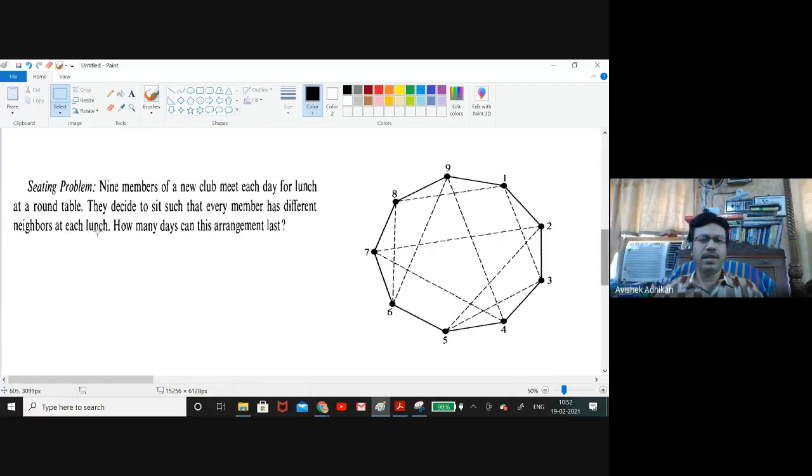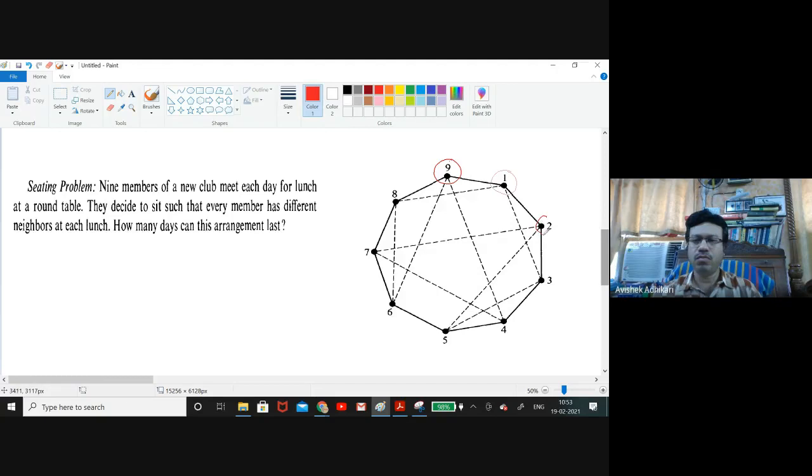That means, suppose day one, this is the arrangement. So this is the first participant, and suppose his neighbors are 9 and 2.